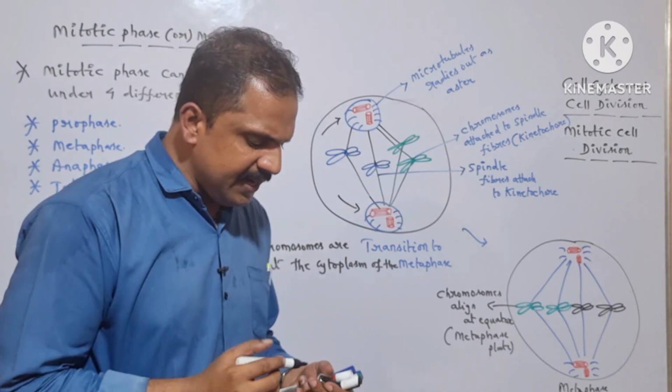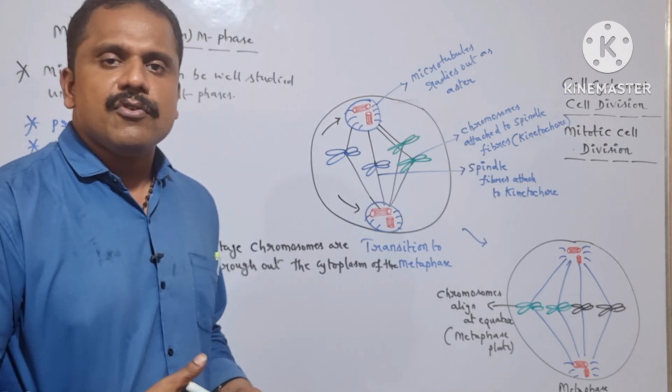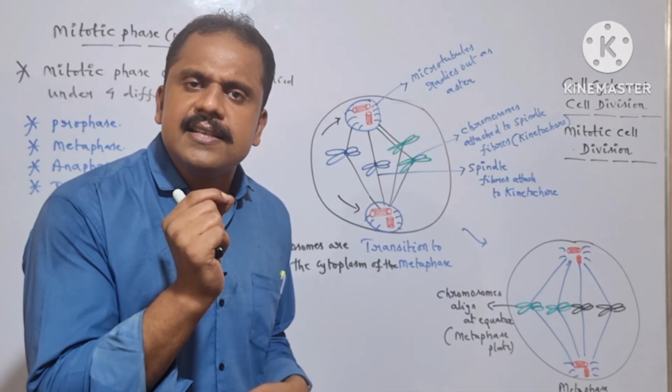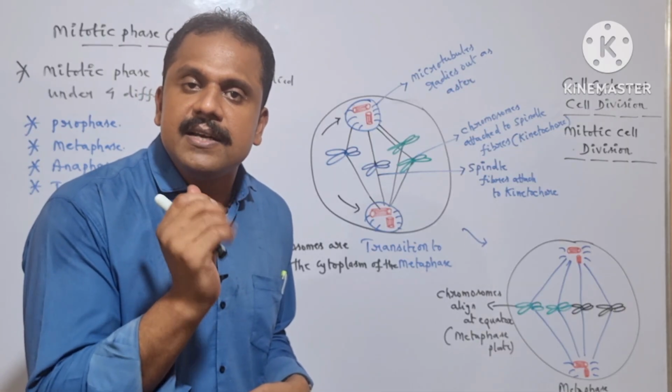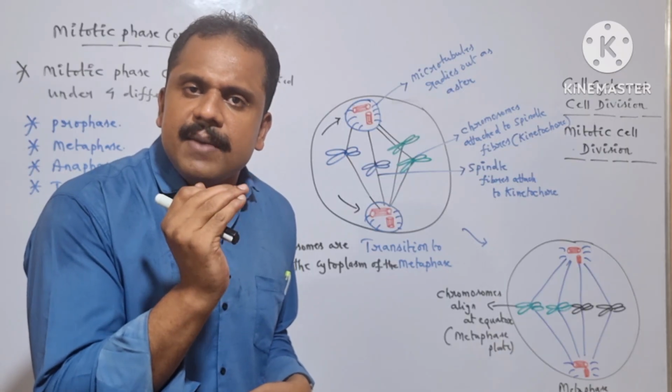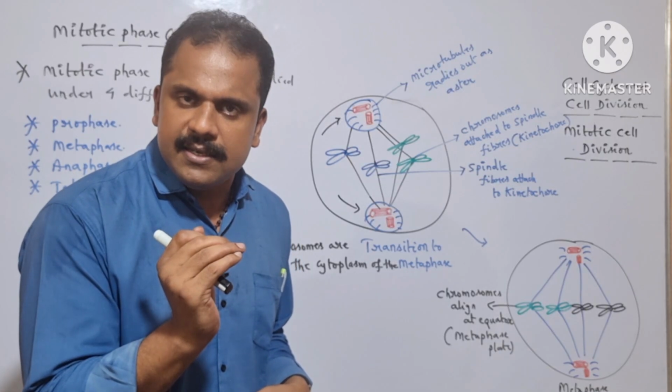Is it clear? And here the condensation of the chromosome initially begins during the prophase, and it successfully completes when the cell division reaches the metaphase stage of the mitotic cell division. Is it clear?